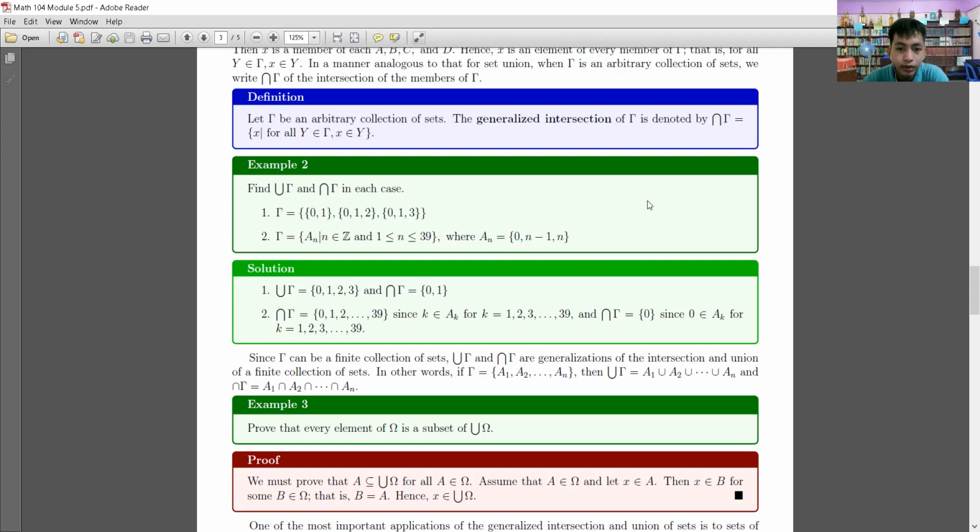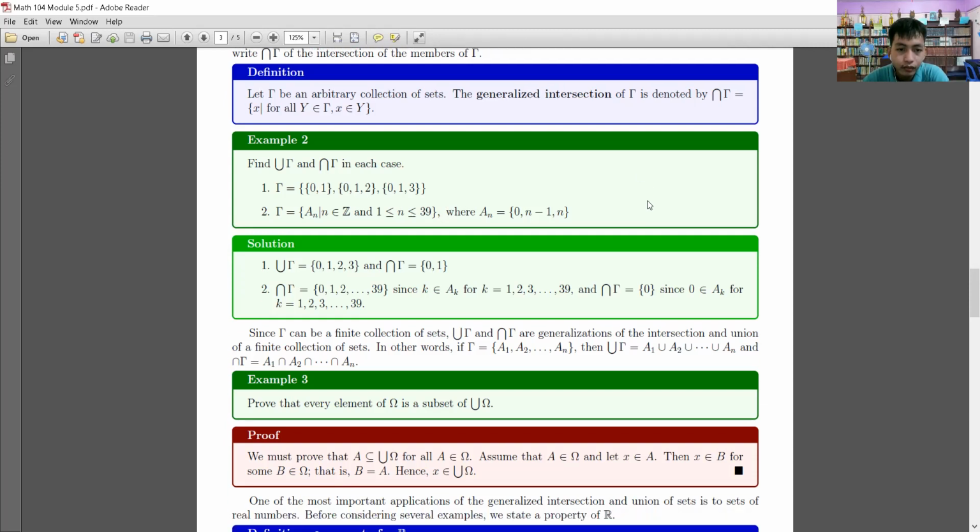Okay? So for number 2, we have tau is equal to the set of A sub n where n is an integer and n is between 1 and 39, where A sub n is equal to {0, n minus 1, n}.